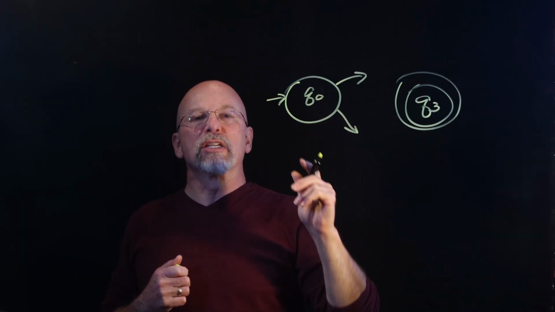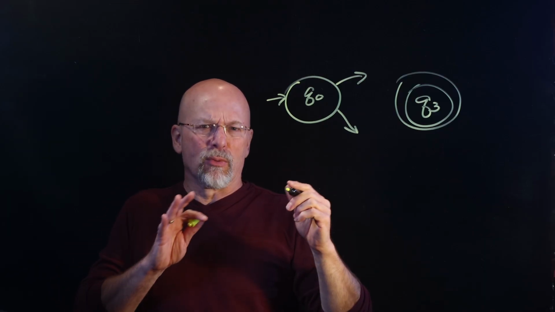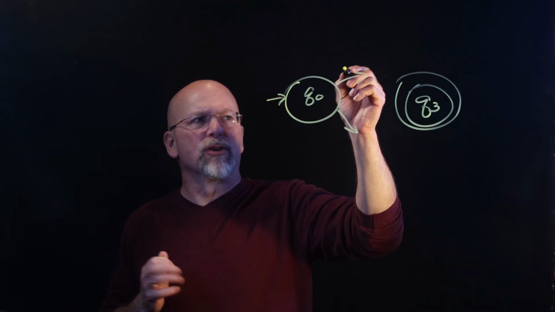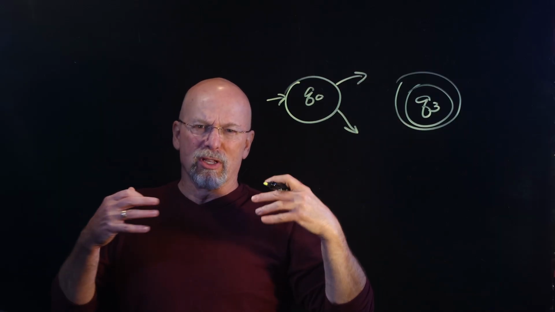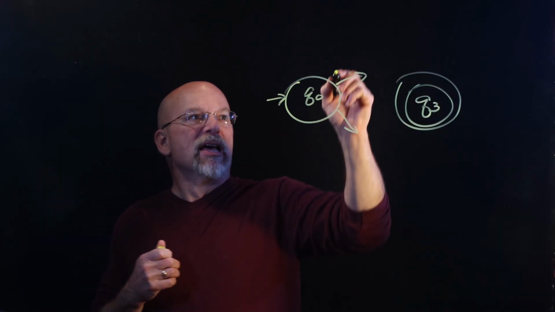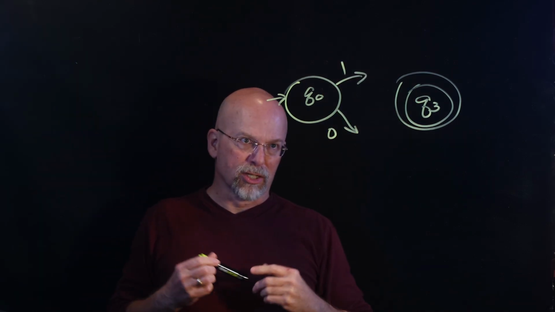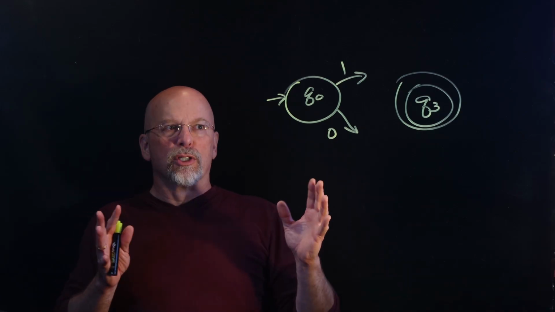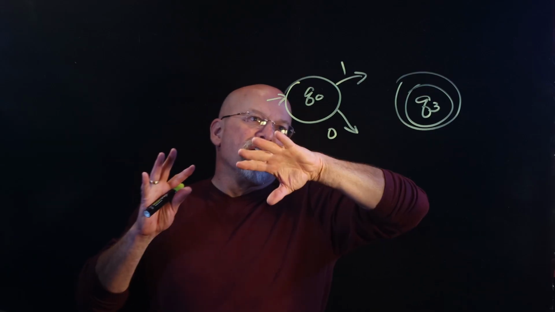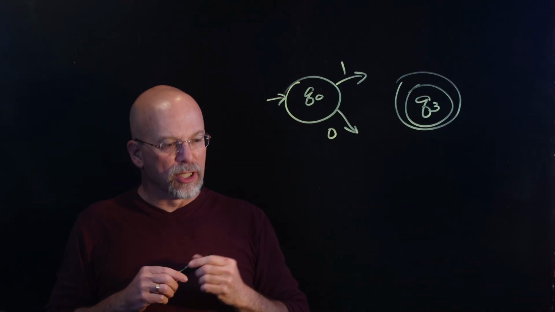Associated with each one of these arrows, we have an input, something that was defined by an input alphabet. So for example, if we had the binary numbering system as our alphabet, then a 1 might be one transition, a 0 might be another transition. Then we talked about deterministic automata, which meant that whenever you're in a state, based on our input, we had exactly one transition to go to.